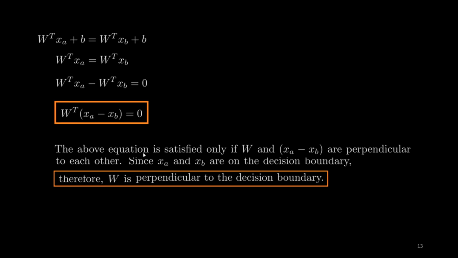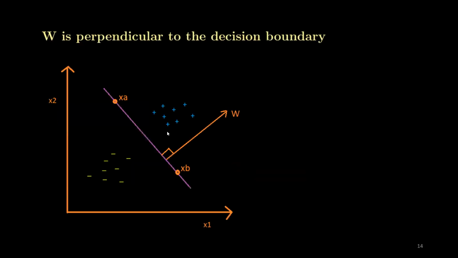So the above equation is satisfied only if W and XA minus XB are perpendicular. Therefore, the important point is that W is perpendicular to the decision boundary. Here is the direction of W: XA and XB are on the decision boundary and W is perpendicular to it.